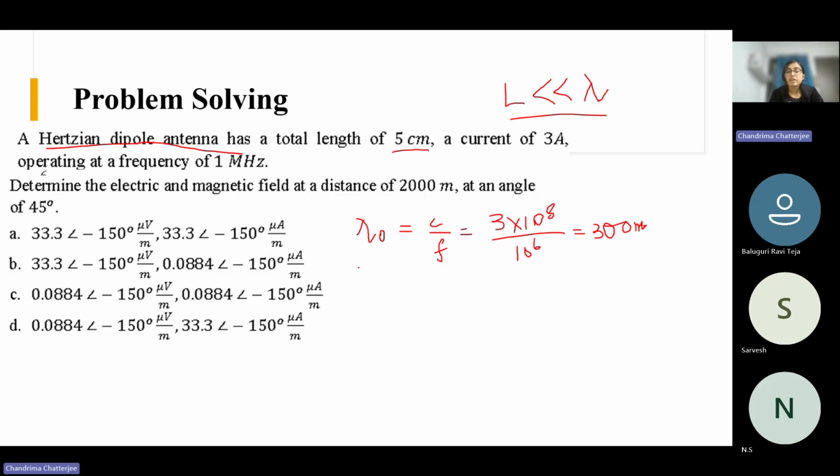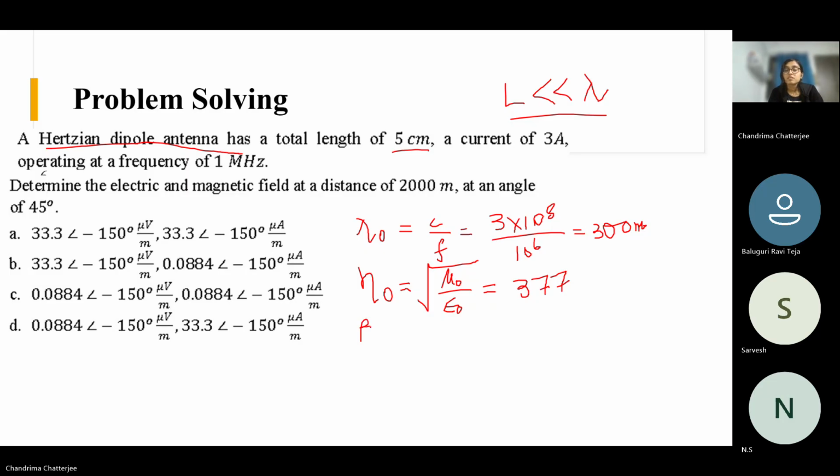What else will we have to calculate? Eta naught, which is equal to the square root of mu naught by epsilon naught. Obviously, we know mu naught is the permeability of free space, and epsilon naught is the permittivity. This comes around 377. You can calculate it by yourself. What else?